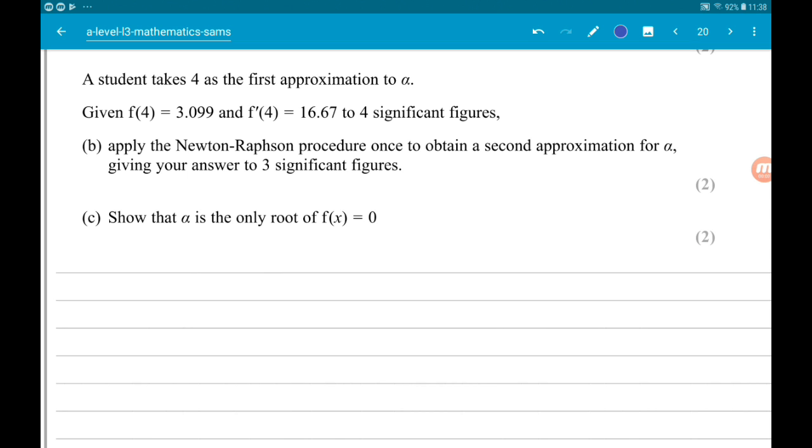Okay, then for part B, we are told that a student takes 4 as the first approximation to alpha.